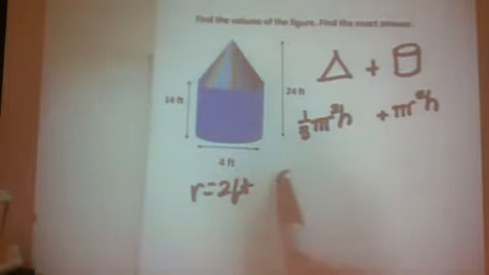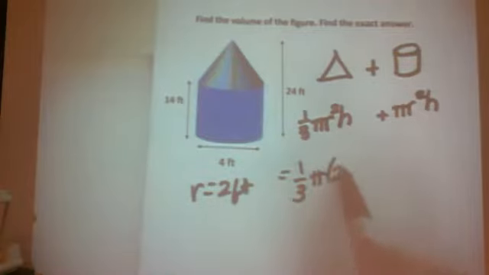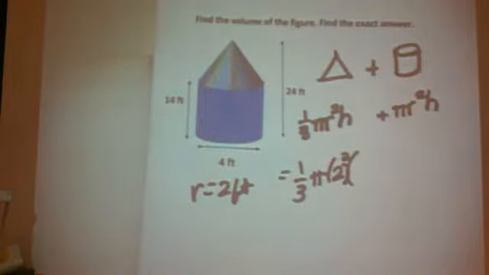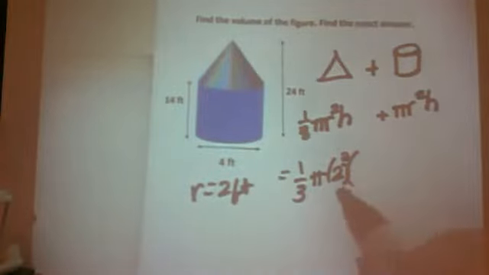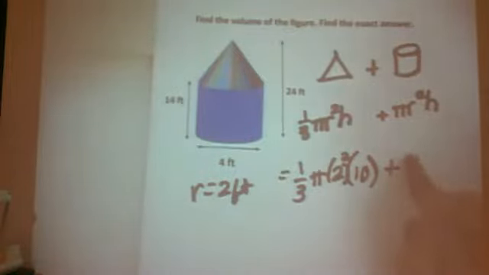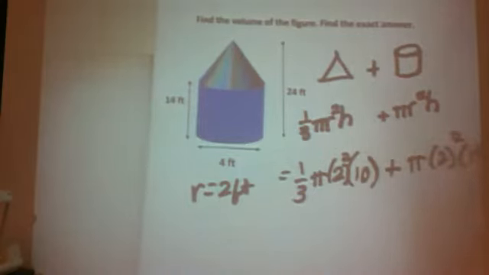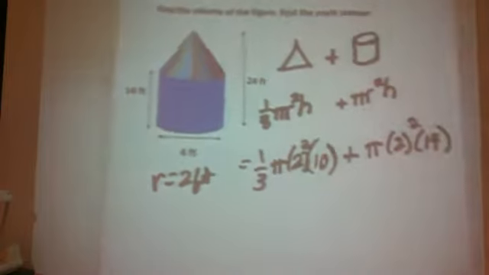So the first one is going to be 1/3 pi 2 squared times the height, which is the difference between the 24 and the 14, which is 10. For the cylinder, it's going to be pi. The radius is still 2. And the height on this one is 14.